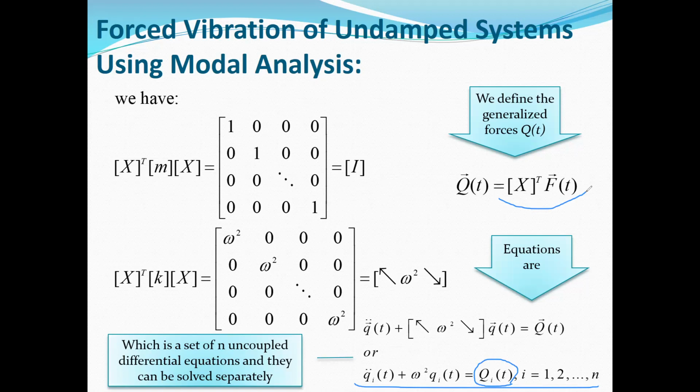We can form n equations of motion in terms of q, and for each equation we can obtain one response. So we can obtain qi(t) for i from 1 to n.